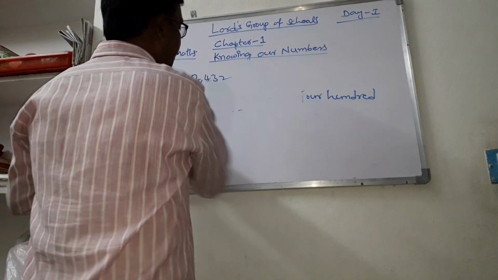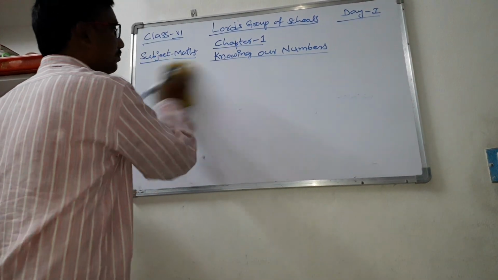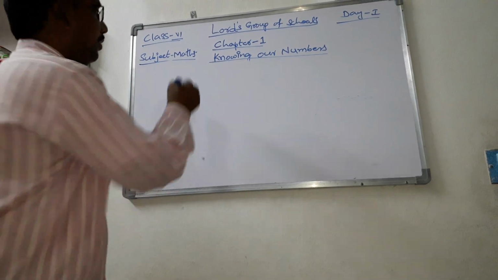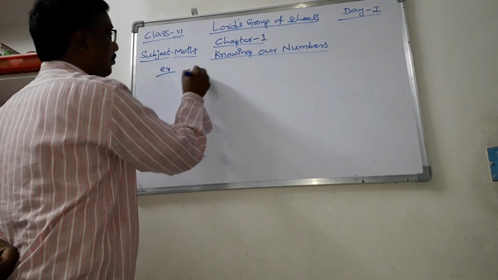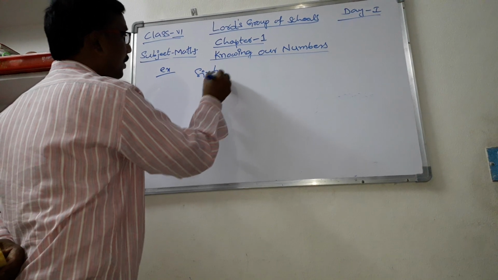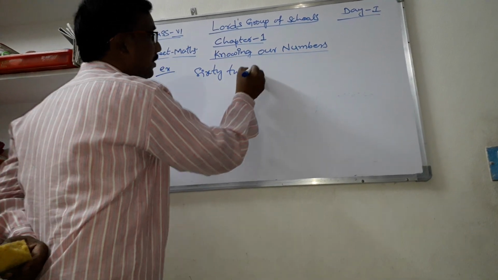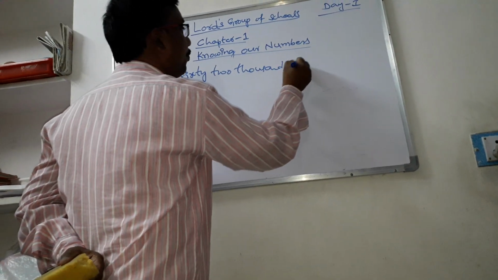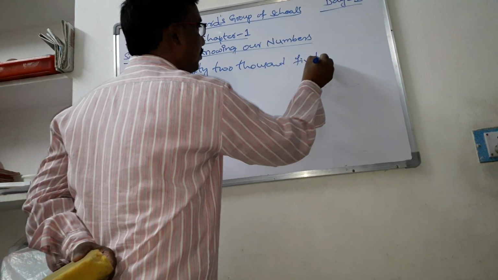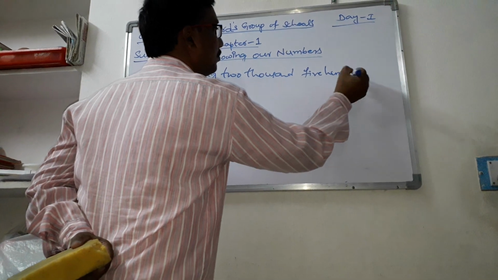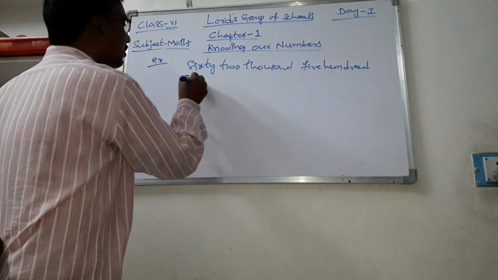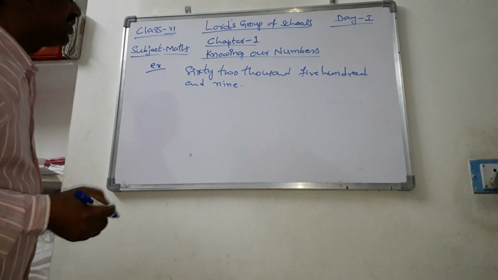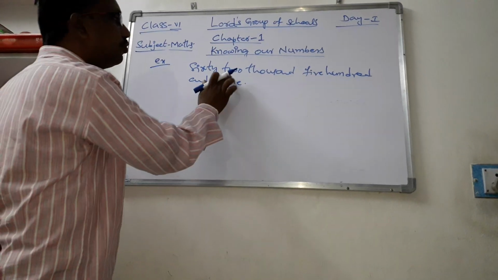For example, 500 and 9. So how many thousands are there? 62,000.